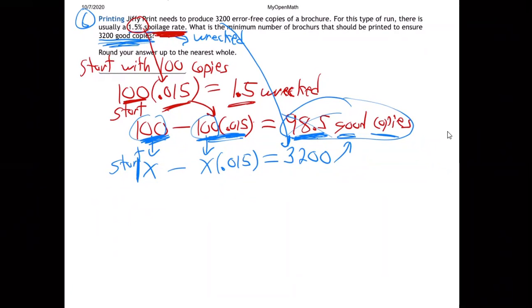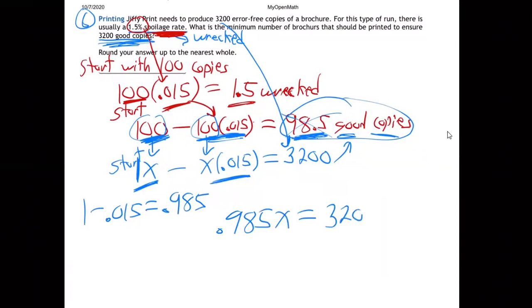So if you subtract these, 1X take away 0.015X, use your calculator. 1 minus 0.015 is 0.985. So we get 0.985X is 3,200. Last step. Divide by 0.985.